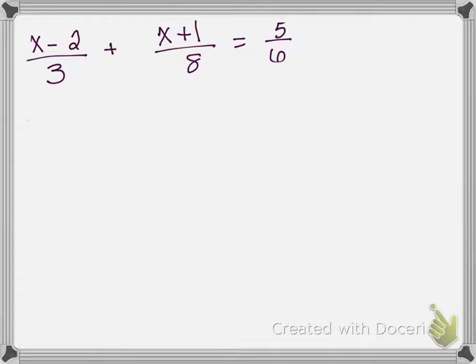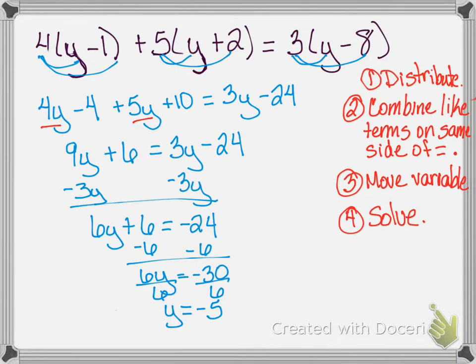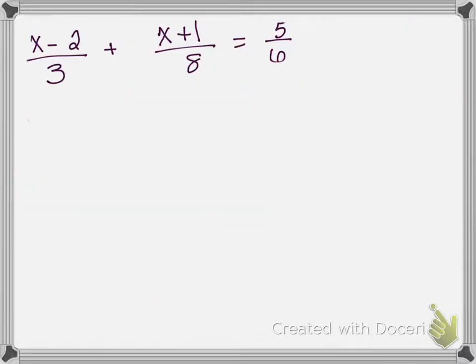So get in the habit of putting parentheses around these numerators, so that in your brain, you can start associating x minus 2 as a unit. That's called a binomial, and that's chapter 3.